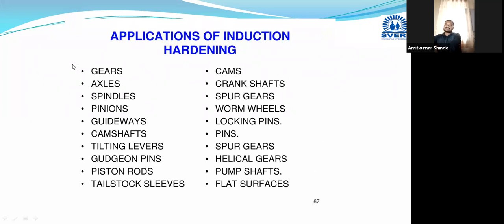On these components, we can perform induction hardening: gears, axle, spindles, pinions, guideways, camshafts, tilting levers, piston rods, gudgeon pins, tailstock sleeves, cams, crankshafts, spur gears, worm wheels, locking pins, simple pins, helical gears, front shafts, flat surfaces.